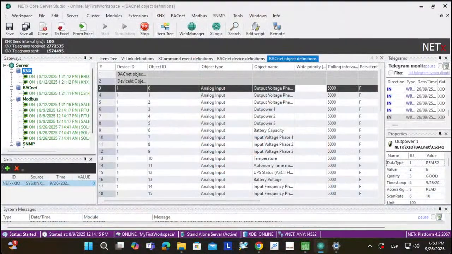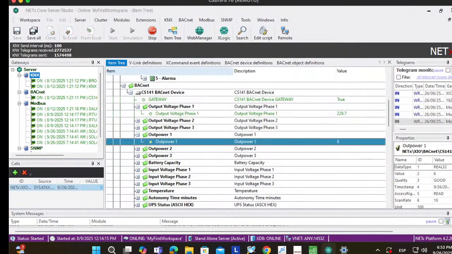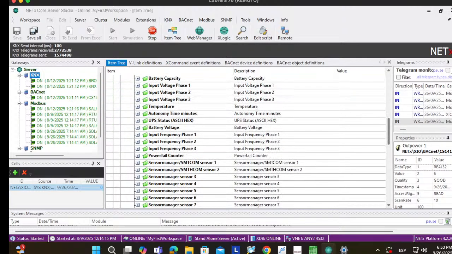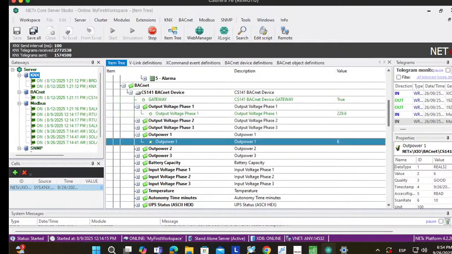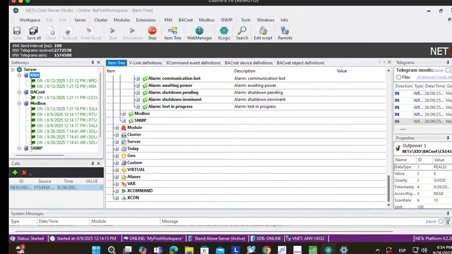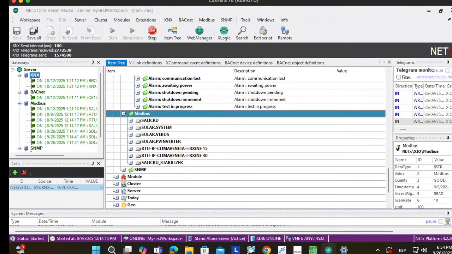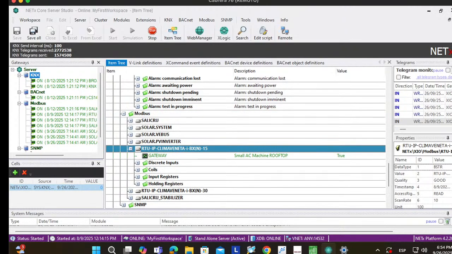Going back to the project, I already showed you BACnet, all the variables from BACnet. Amazing, beautiful. And I also have Modbus. In this case, I have an AC machine here.